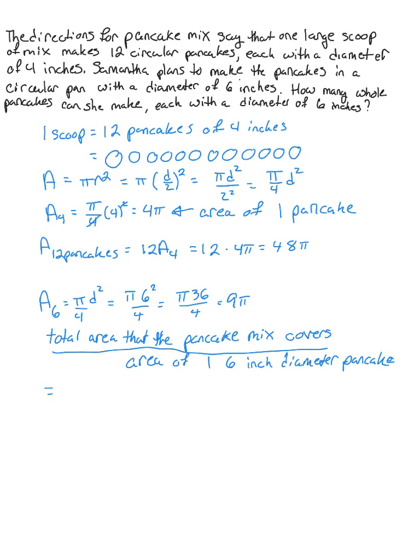So the total area we have to work with is 48 pi, and the area of one 6-inch pancake is 9 pi. So the pi's cancel out, and 9 goes into 48 5 times, and we're left with 3 left over. But the question asks, how many whole pancakes can she make?